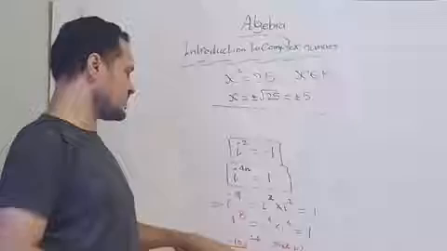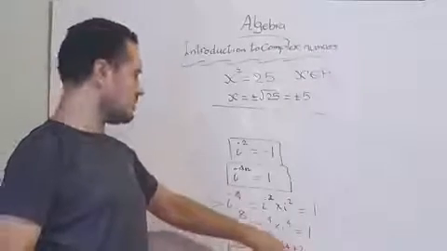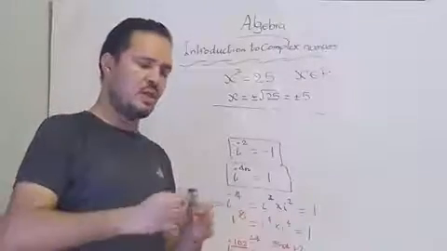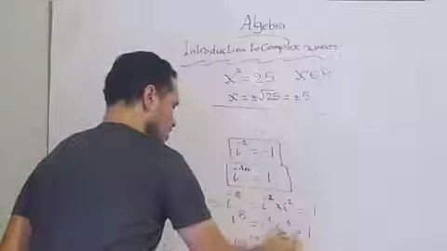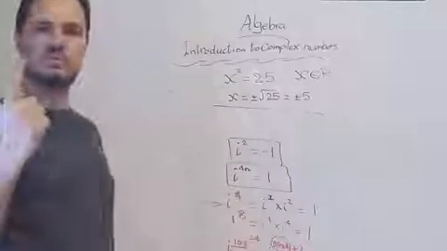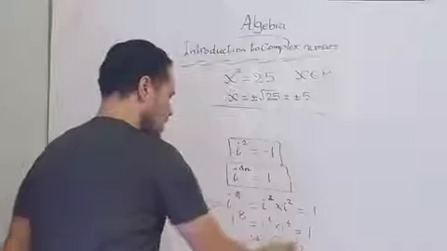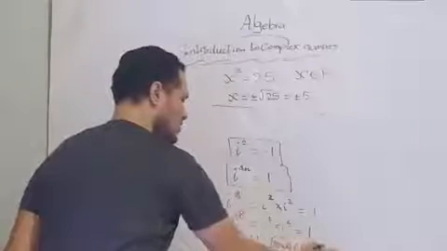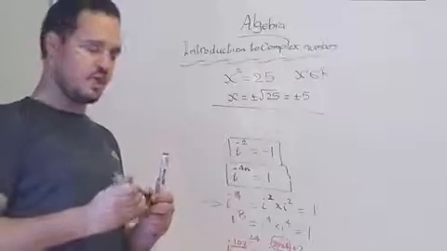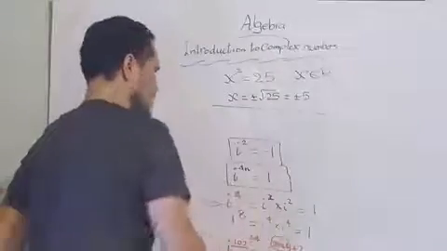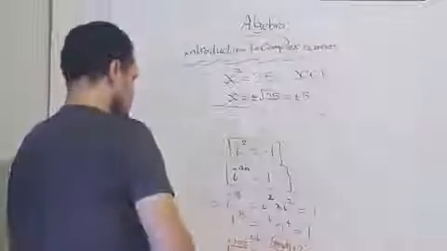So 102 equals 25 times 4 plus 2. Any power divisible by 4 equals 1, so the result will be i². i² equals -1.